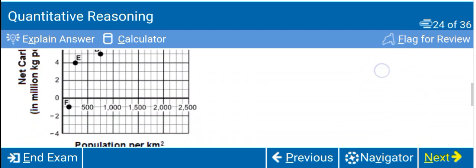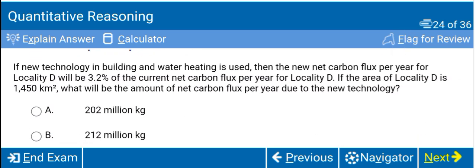Here you can see the question is different, which says if new technology in building and water heating is used, then the new net carbon flux per year for locality D will be 3.2% of the current net carbon flux per year for locality D. So if the area of locality D is 1450 square kilometers, what will be the amount of net carbon flux per year due to the new technology?